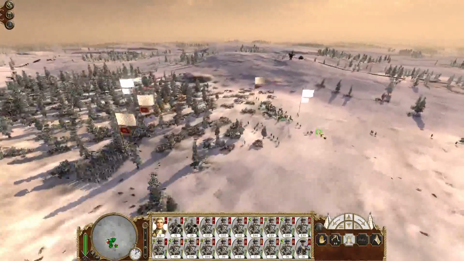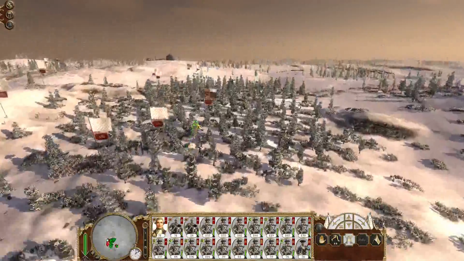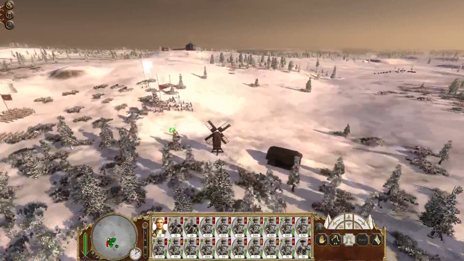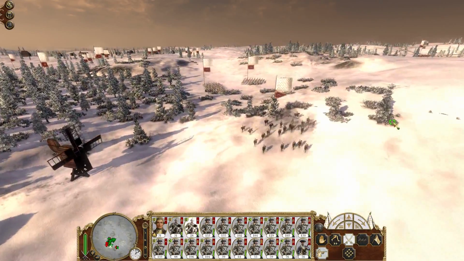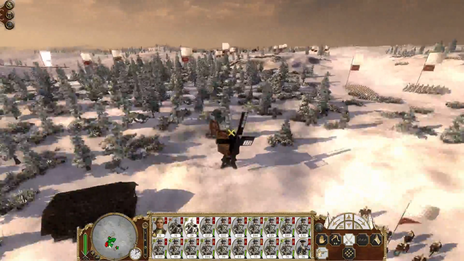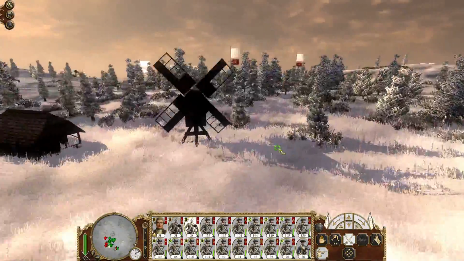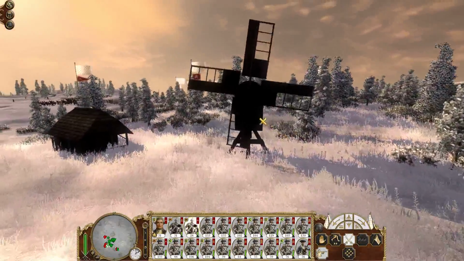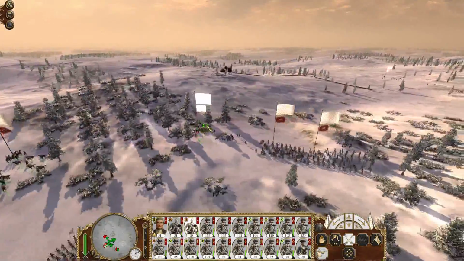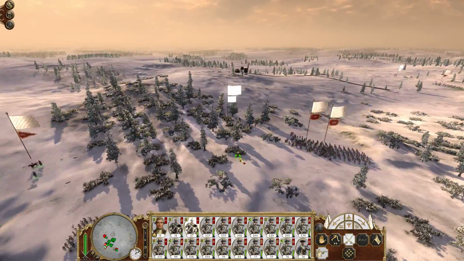So this force right here that we currently control is residing in Moscow and fighting off anything that would be making trouble for us coming into this territory, rescuing stuff.